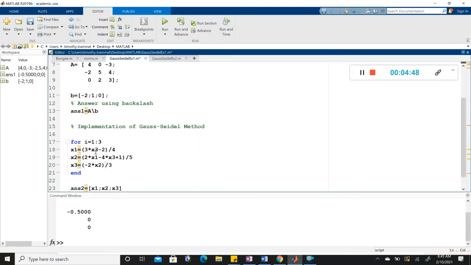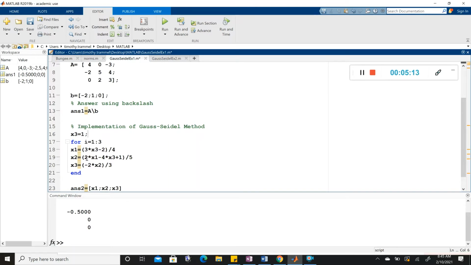The answer is no, because to compute x1, we're going to need an x3. We could take a complete guess on x3, or if we actually have an idea of what x3 is, it'd be better to use that estimate if we have a decent idea. But for now, let's just pretend we have no idea, and we'll just say 1.